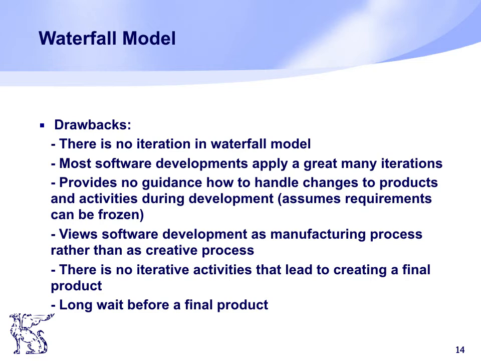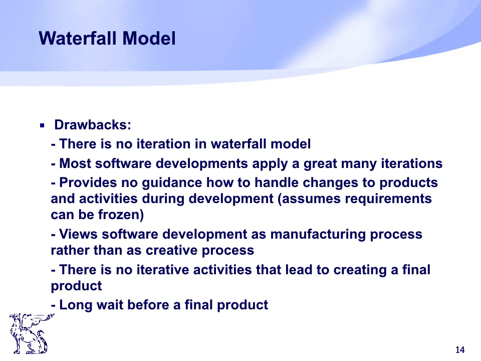However, the classical waterfall model also suffers from various shortcomings. Honestly, we cannot use it in a real project, but we use other software development lifecycle models which are based on the classical waterfall model. That's why the classical waterfall model is important.